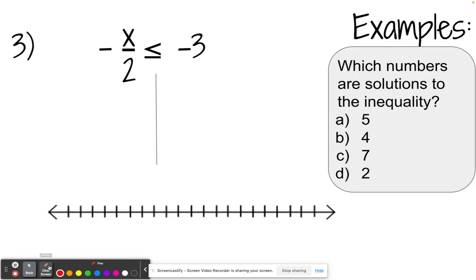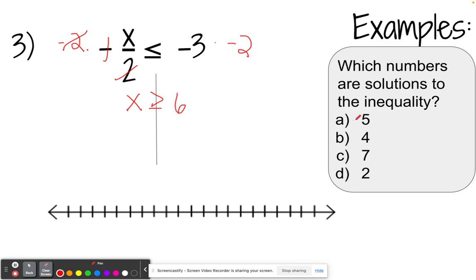Let's try another one. This time, dividing by negative 2. So I need to multiply both sides by negative 2 to send home that best friend and their bad attitude. Since I'm sending home my bestie and their attitude, they're going to flip out. My x has to be greater than or equal to negative 3 times negative 2, positive 6.